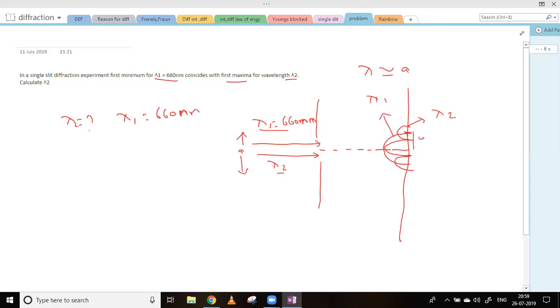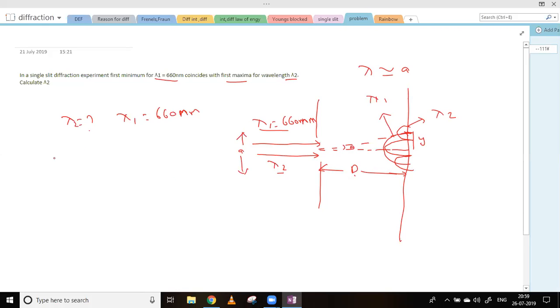That is, if I take this as y, in the case of lambda 1 it is y, in the case of lambda 2 also it is y. This distance is also fixed in both cases, that is capital D, the distance between slit and screen. Then if I draw a line to my point of observation, this angle will also be the same, since y and D are the same.